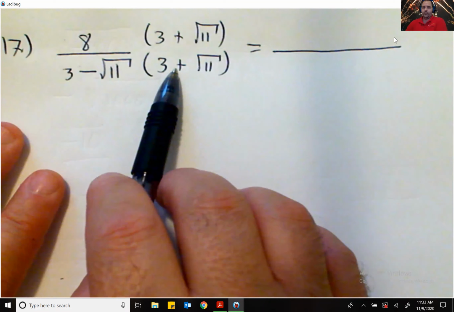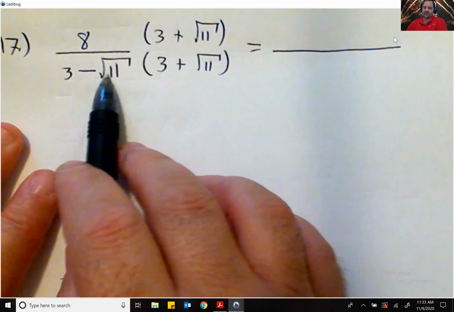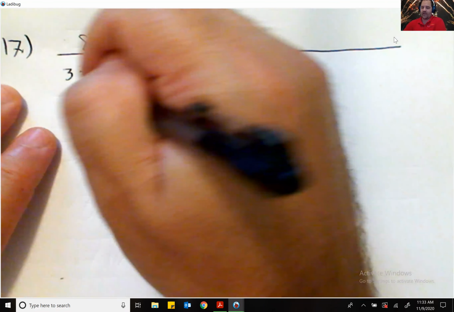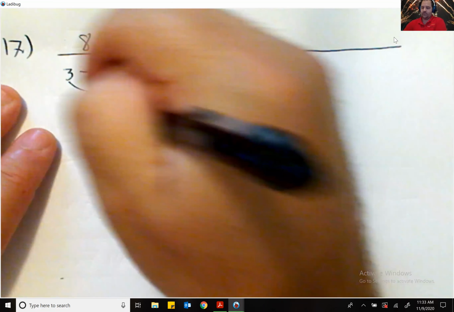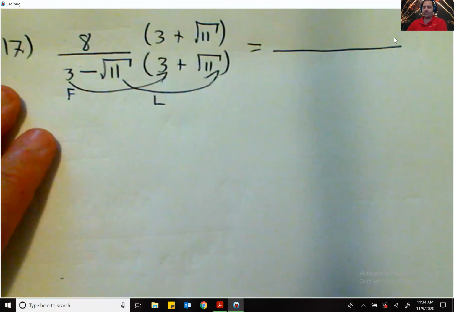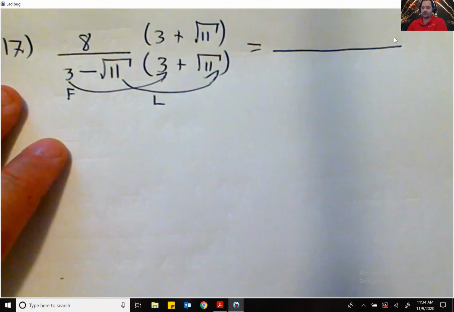When you multiply by conjugates, the middle term cancels out. All you really have to do is multiply the first and the last in the denominator. I call it the Florida, because the O and the I of FOIL will cancel out.